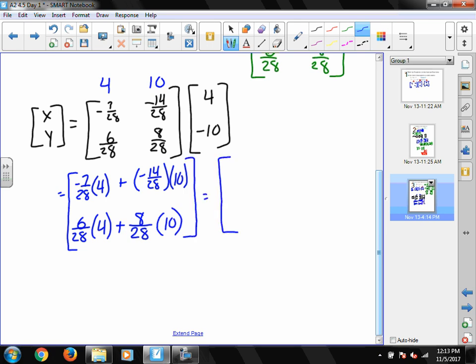That's going to give me -7 28ths times 4 is going to leave me with a -1, plus -14 28ths times 10 is going to leave me with a negative. There's my lost negative. So this should be a -10. So this should be add a +5. Then multiplying the bottom, just to make things a little easier, I'm going to leave these as 24 28ths plus a -80 28ths.